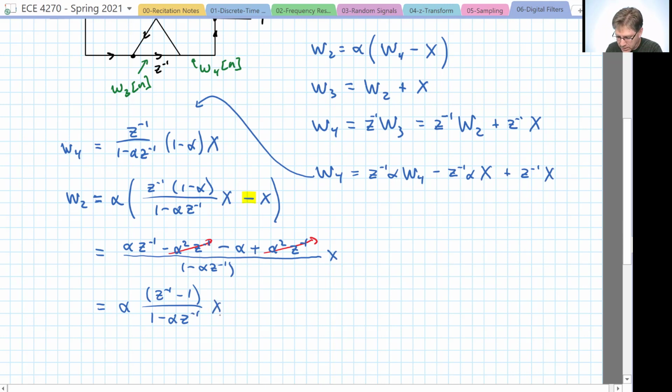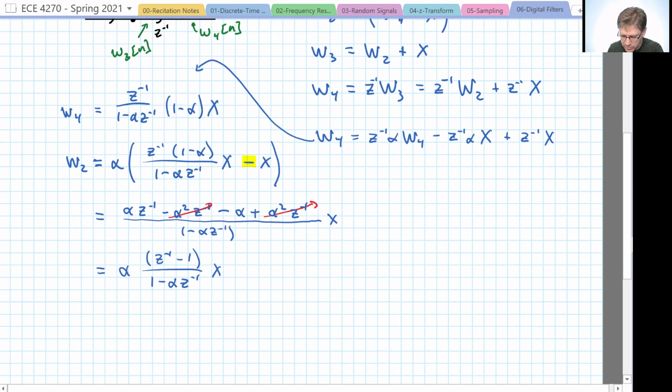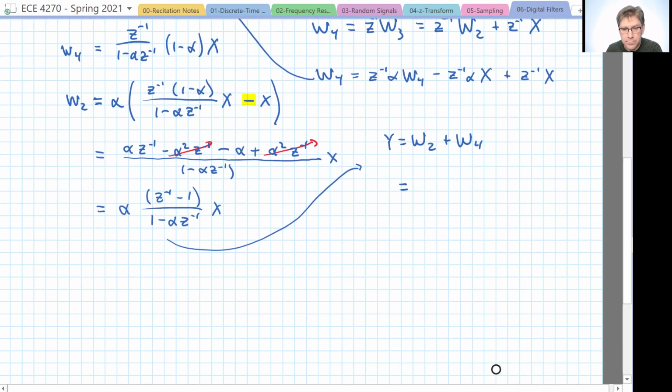So now I guess we're ready to combine our w2 and our w4 to give us a fraction that's all over 1 minus alpha z to the negative 1.